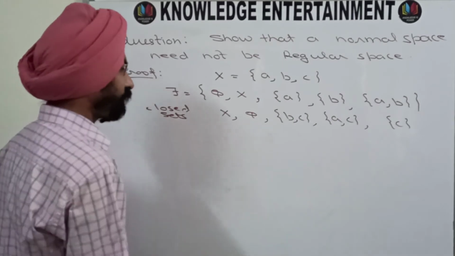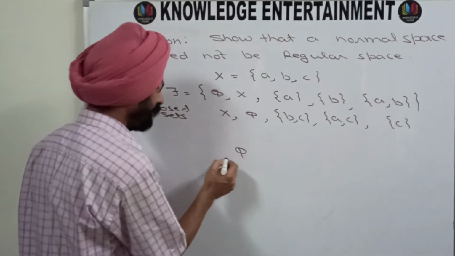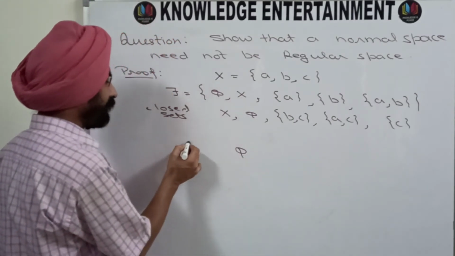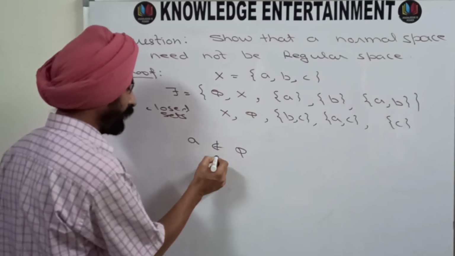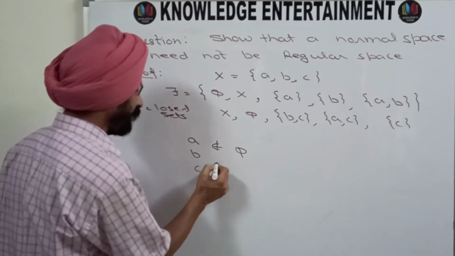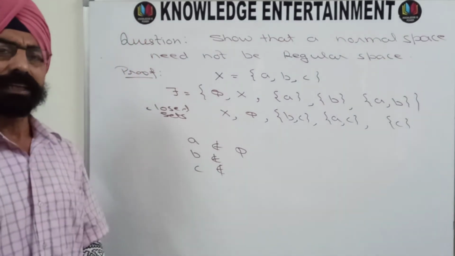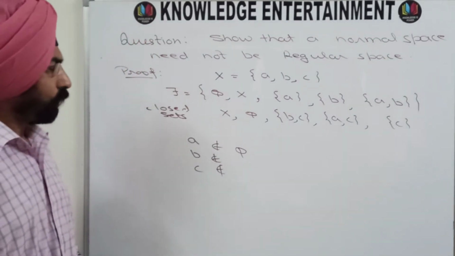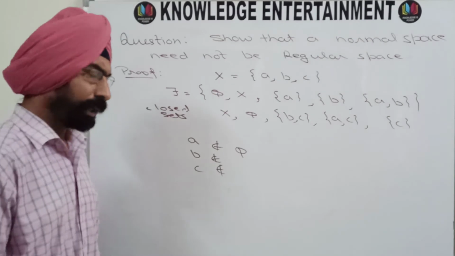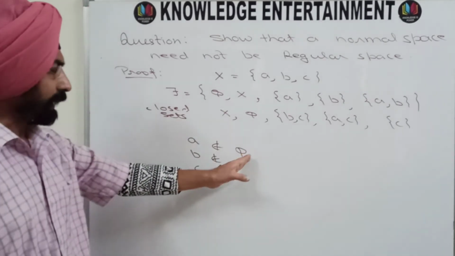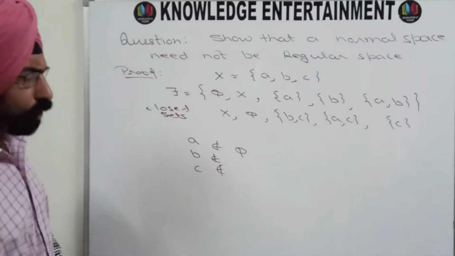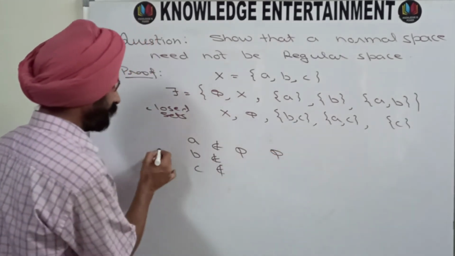So if your set is phi and you want to take A not belonging to phi, or B not belonging to phi, or C not belonging to phi, then once again you require two open sets, one containing phi, the other containing these points. So you can take phi and X again.